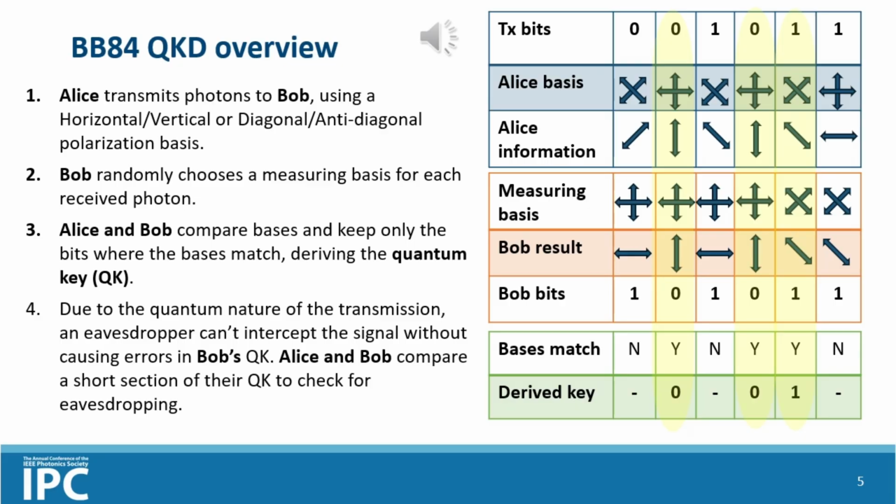So if Alice and Bob compare a short section of their quantum key, if there are no errors, then they know that the information has been exchanged securely and no one has intercepted it. If there are too many errors, that indicates that eavesdropping has taken place and they know that the information exchange has not been done securely. And that's the key differentiation from exchanging keys using a classical channel.